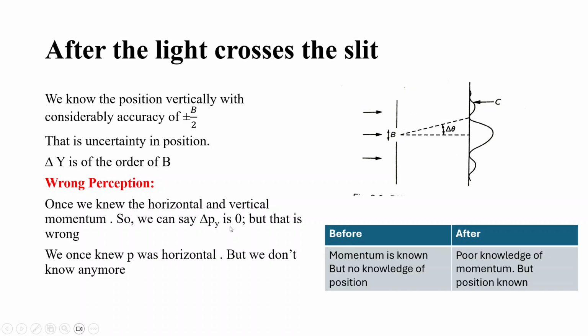But that is wrong. We once knew the momentum was just horizontal and that Py was 0, but we don't know that anymore. So here I make a little table so that we can understand it better. Before, momentum is known but there is no knowledge of position. After, we have poor knowledge of momentum, but position is known.